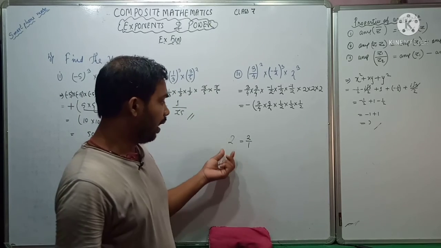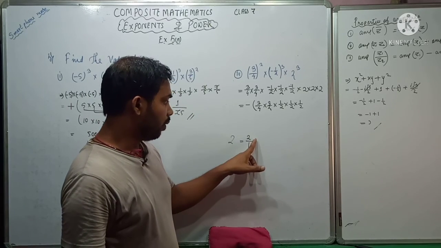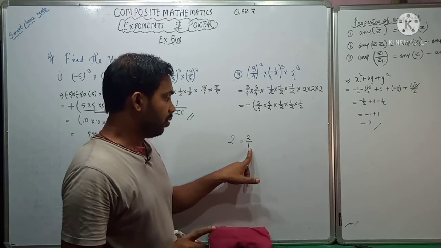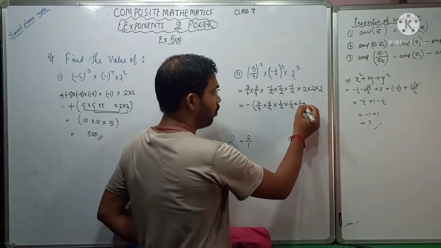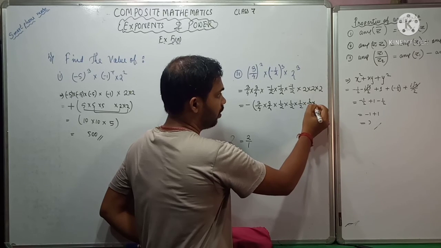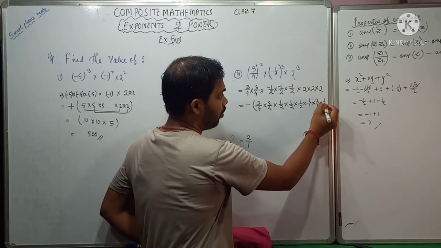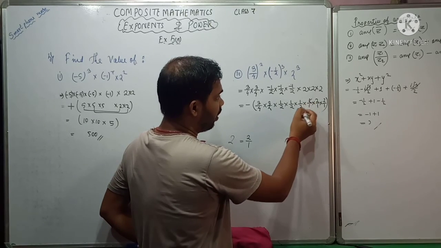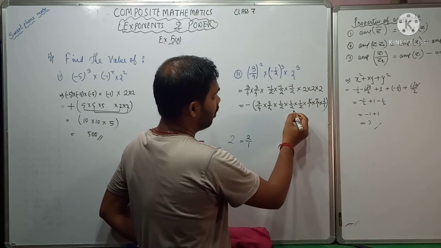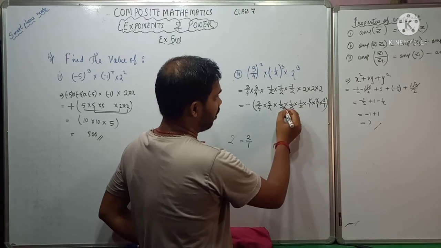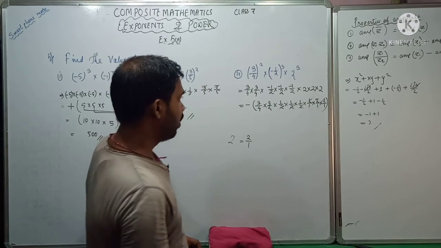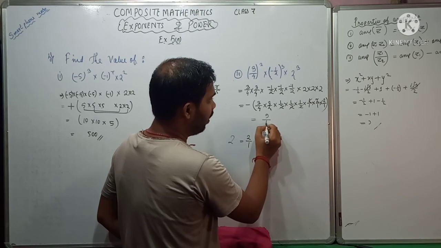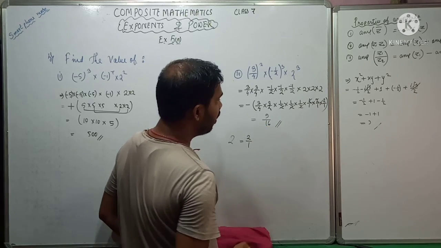Okay, whenever you take one number, you always consider that there is 1 as a denominator, so this 2 also has 1 as a denominator. So I will write it like this, 2/1. Now, since it is a fraction, you can cut, so it is cutting and it is cutting. Okay, now what is left, you see, it is 3/4 into 3/4, which means 9/16. So this is our result.